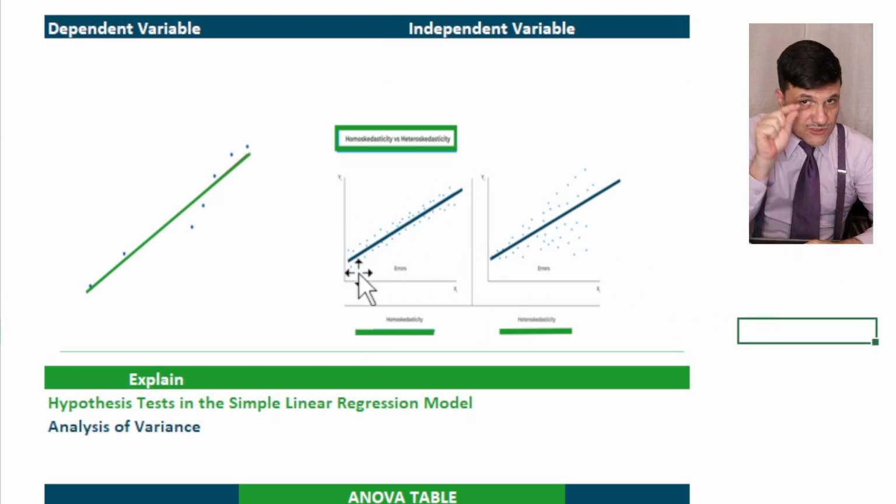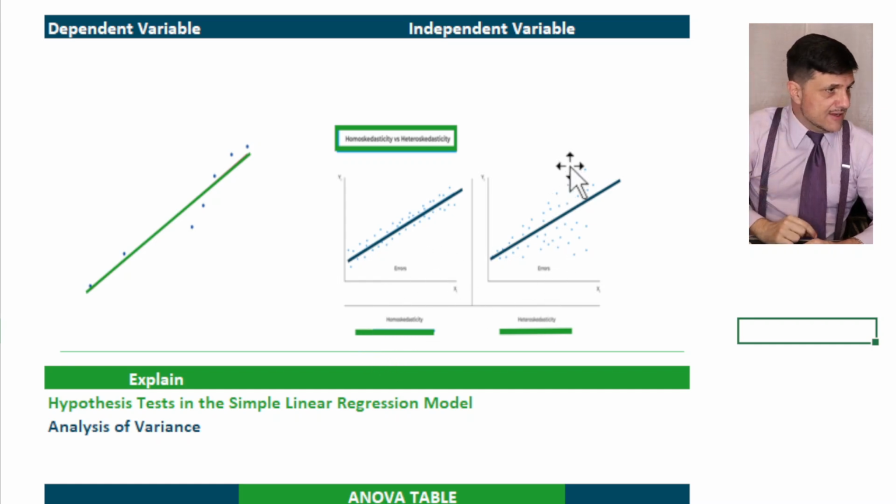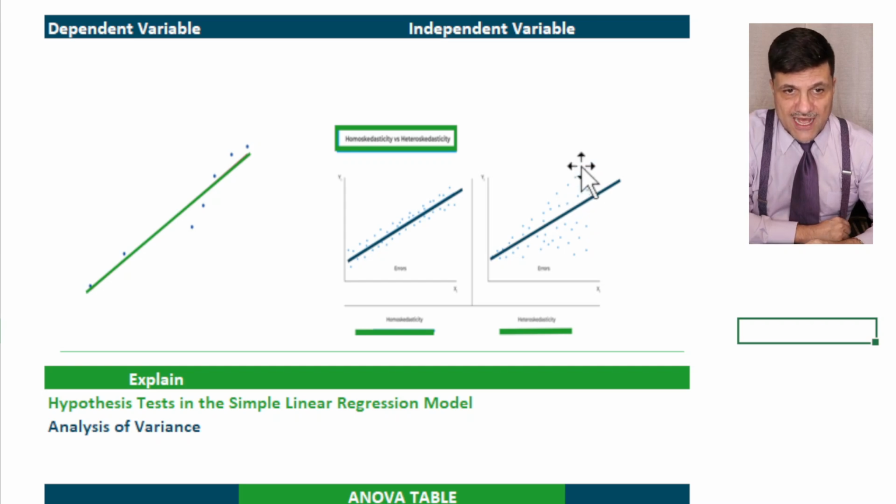Okay? So that's what you have on this little one here. See all those little dots? They're very close to the blue line. Right? The distance is pretty much the same. Now over here, you can see that they are not the same distance. You see that the dots here at the end have a higher distance to the blue line than the points over here.